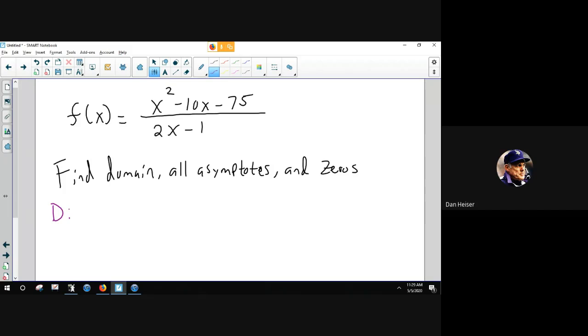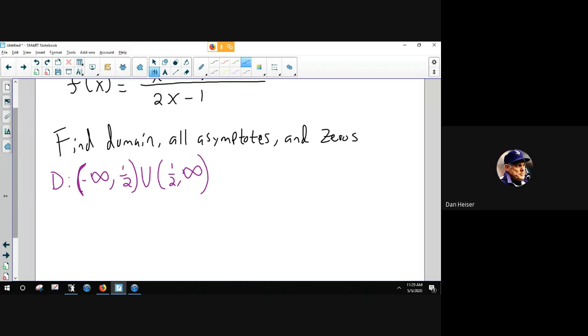X cannot be 1/2. -infinity up to 1/2, parenthesis, not a bracket, union 1/2 all the way to infinity. Once the domain is in place, we can get our vertical asymptote of x equals 1/2.